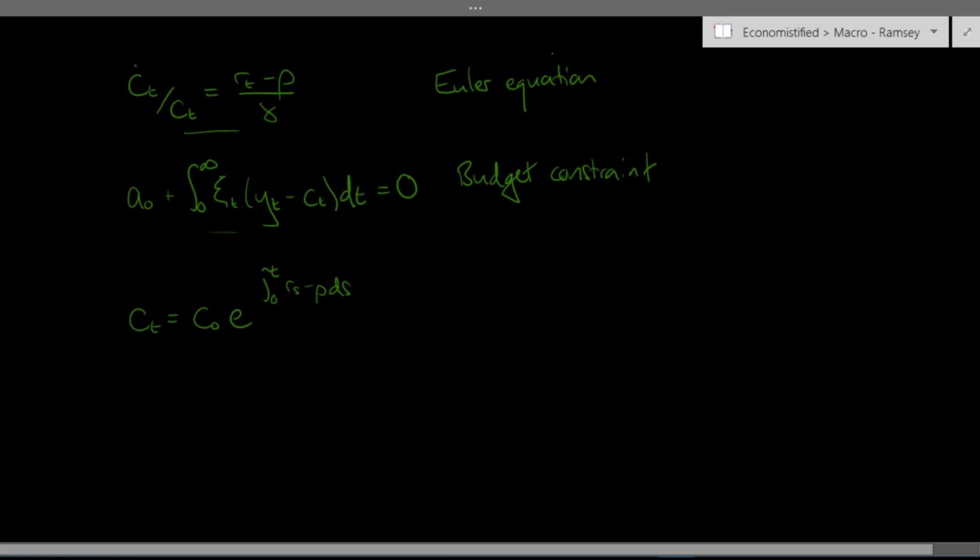So I'm just going to delete that there. And let me rewrite the budget constraint as well. Just replacing C with its definition, which was just this discount rate. And I'm just going to move the term involving consumption over to the right-hand side as well.